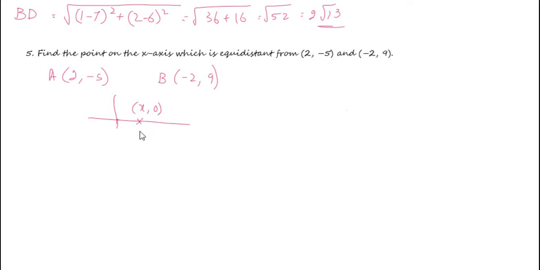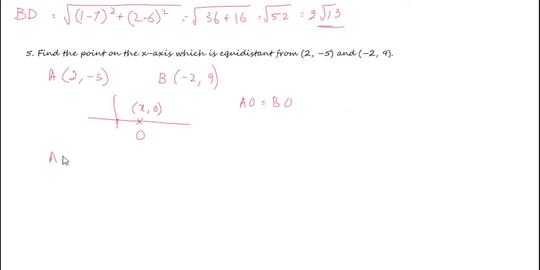Let us take this point as O. Equidistant means AO equal to BO. Now if we equate these two, then we will get the value of x.